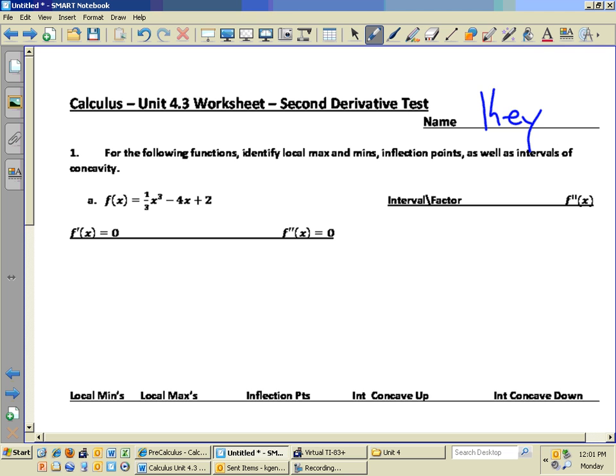So it says, for the following functions, identify local max and mins, as well as inflection points, as well as intervals of concavity.